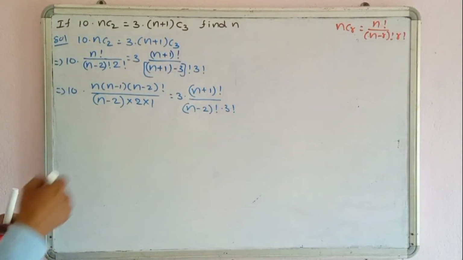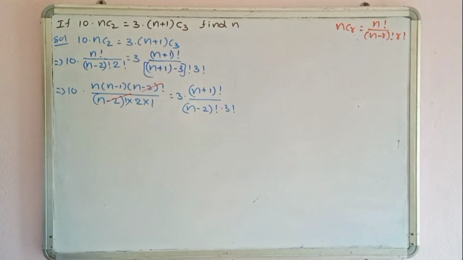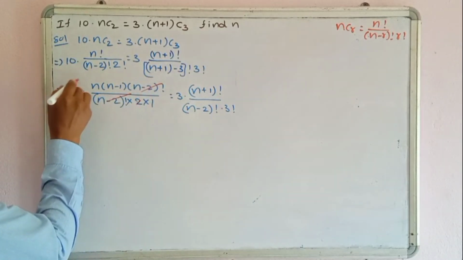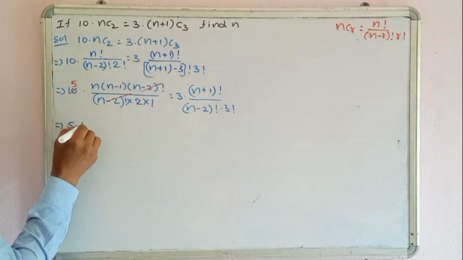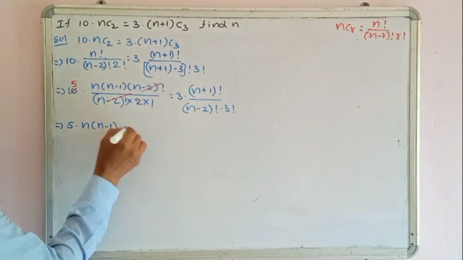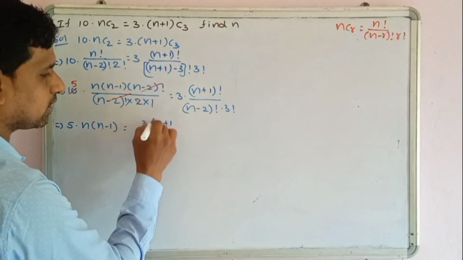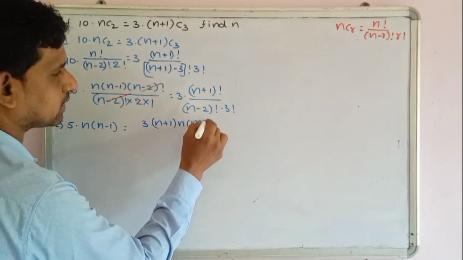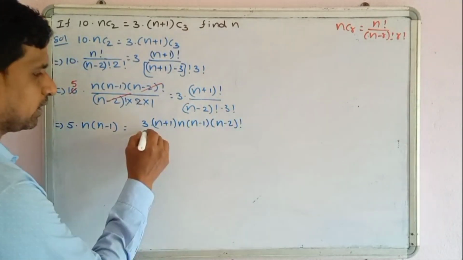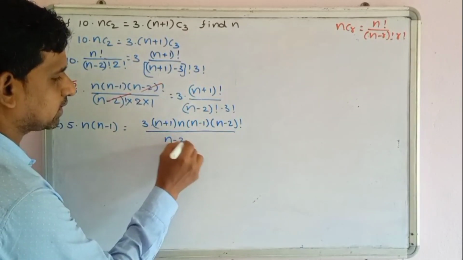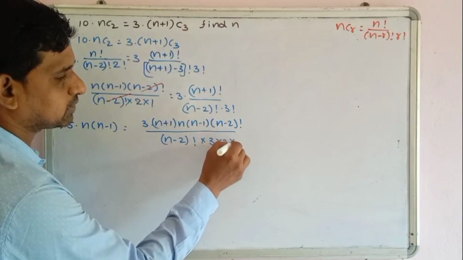Now here n minus 2 factorial. See, n minus 2 factorial, n minus 2 factorial get cancelled. 2, how many times? 5 times. 2 5 times. Now 5 into n minus 1 equals 3 into n plus 1 factorial can be written as n plus 1 into n minus 1 into n minus 2 factorial divided by n minus 2 factorial. 3 factorial is nothing but 3 times 2 times 1.